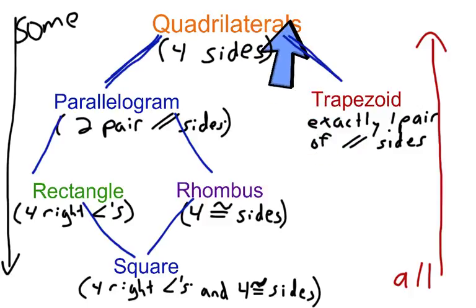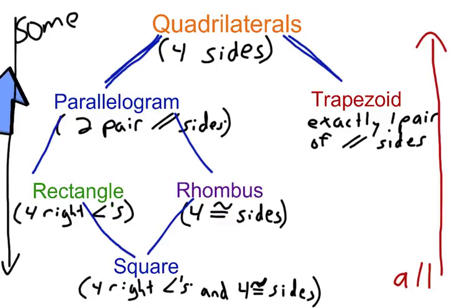They all have four sides. I'm going to read upwards again. All parallelograms are quadrilaterals. They have four sides. All rectangles are parallelograms. They have two pair of parallel sides. All rhombuses have two pair of parallel sides. All squares are rectangles. All squares are rhombuses.